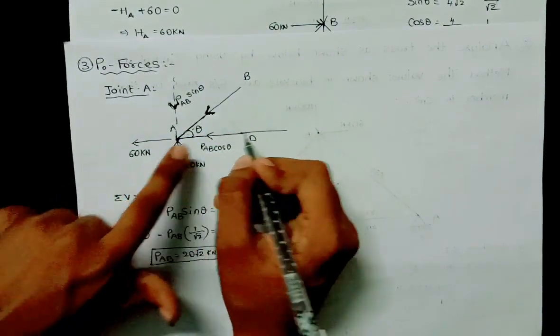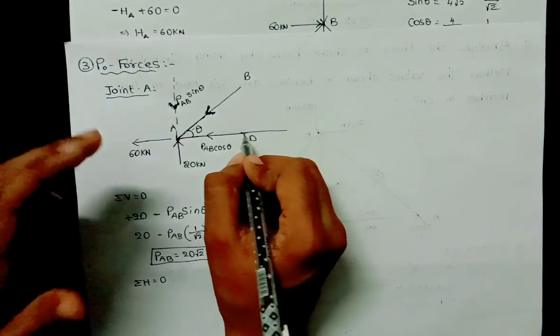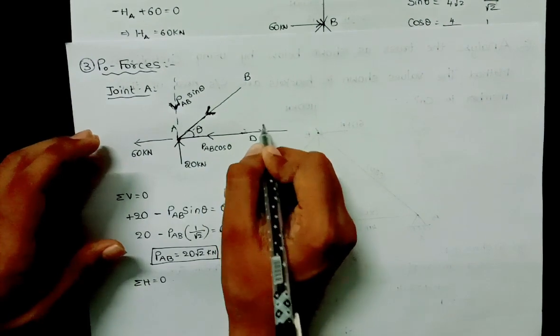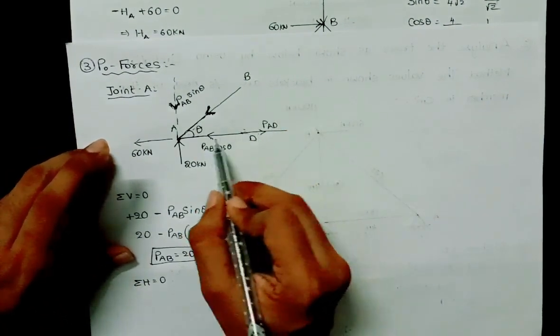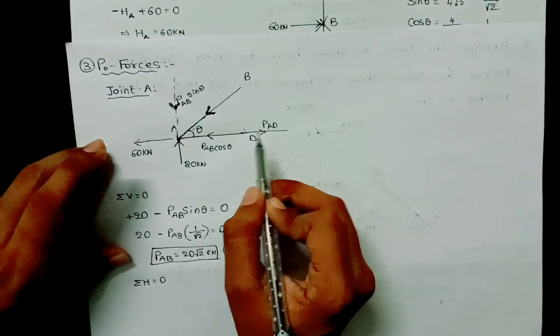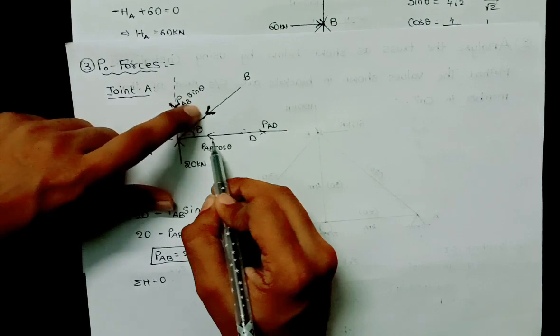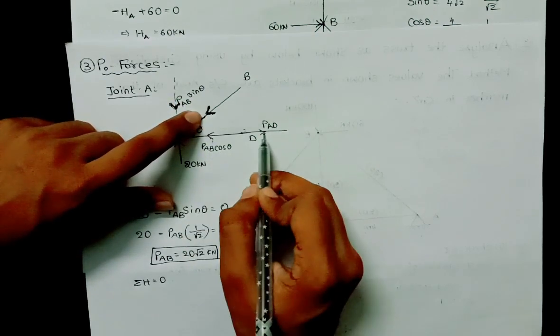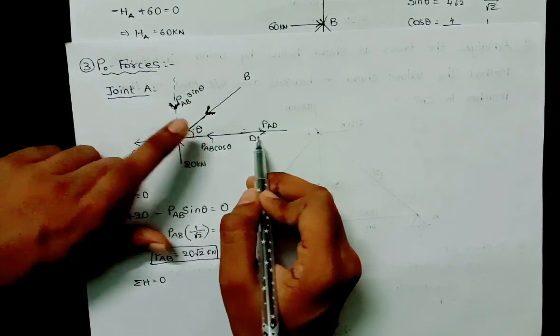So since the forces are acting towards left, I will assume that it will act towards right, PAD. So you cannot compare these two arrows and you cannot say that it is in compression. Okay, this arrow is obtained by the resolving of this member. This arrow is belonging to the member AD. So you cannot compare these both arrows.